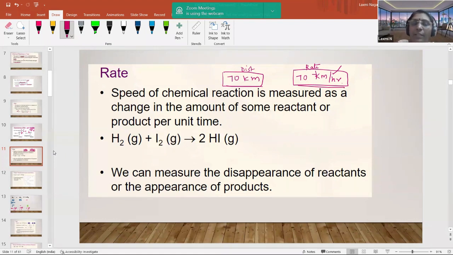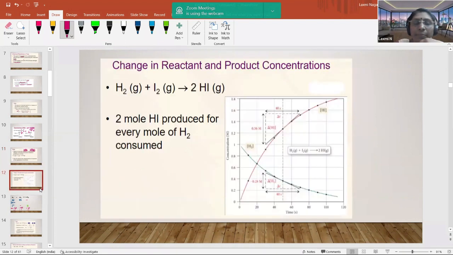So it is very important to say that it is rate of disappearance of the reactants or rate of appearance of the products, or you completely describe that it is change in the concentration of the reactants per unit time. Similarly, change in the concentration of the products per unit time. So these are some of the common mistakes that children do.